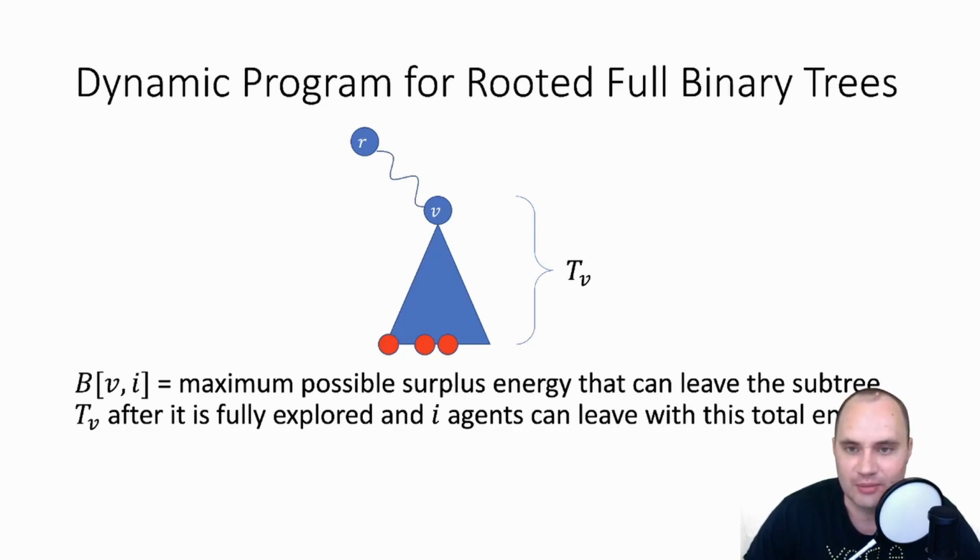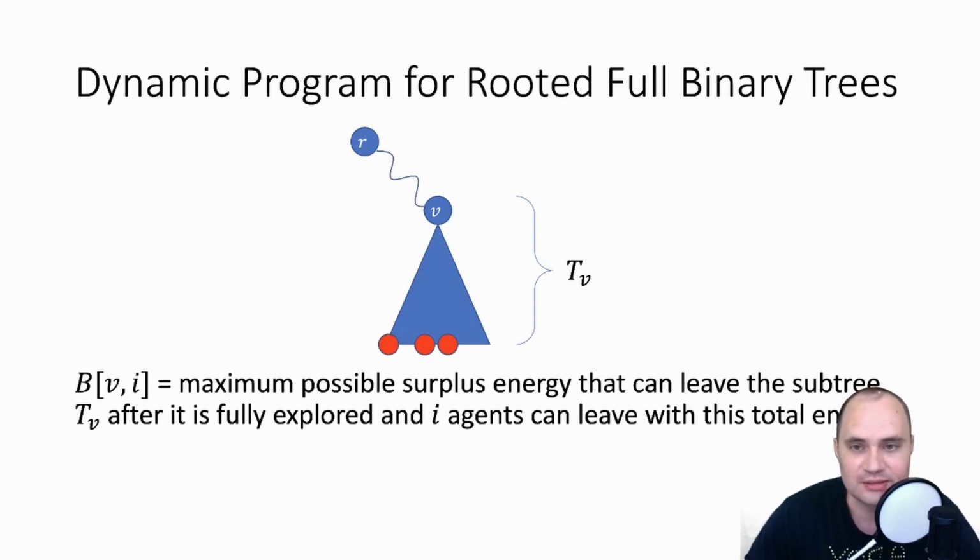Intuitively, just by considering this problem, if we want to explore all the edges, during this exploration the energy may be shared, it may be transferred, it can come into this subtree T_V, it can leave this subtree, as well as the agents. Maybe the 3 agents that are shown here in the subtree T_V are not enough to actually explore the subtree and finish exploring the whole tree after that. So you might need to bring in more agents, or maybe these agents need to leave the subtree.